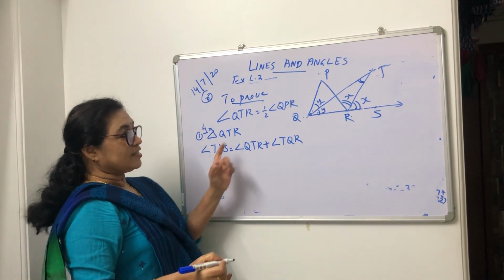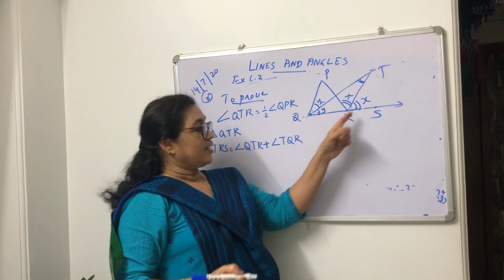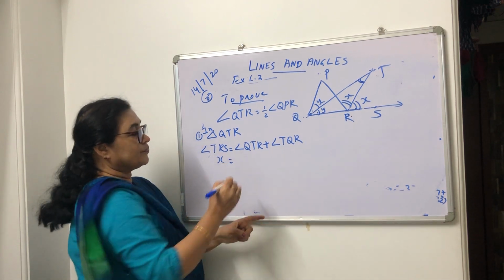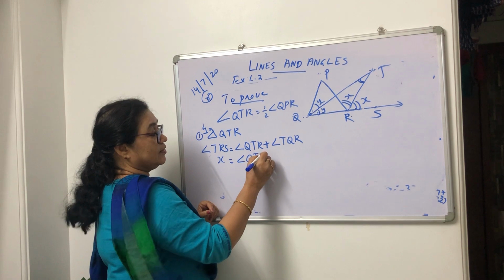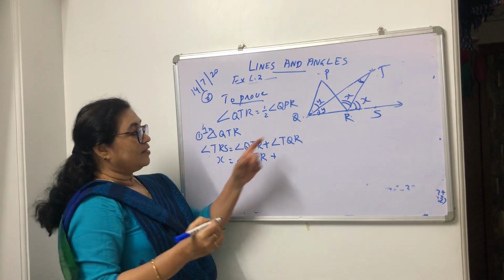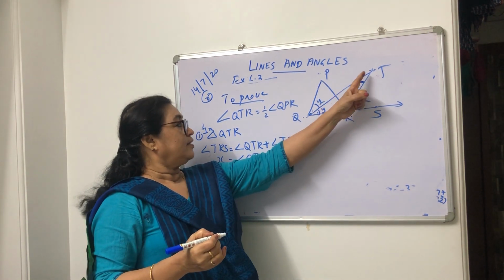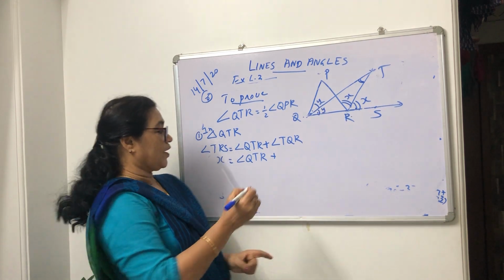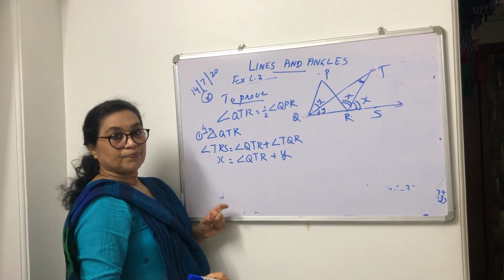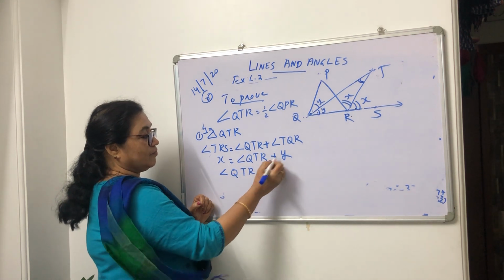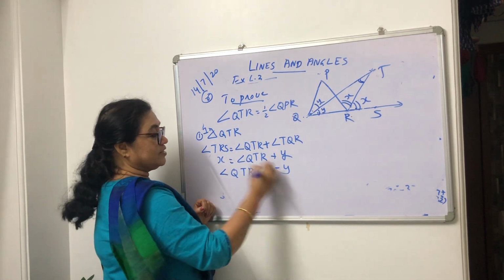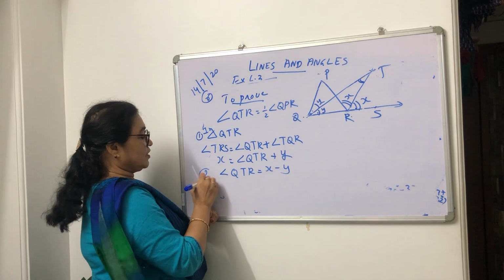So this TRS I have taken as x, so I am putting x here. QTR I am writing as QTR plus this angle TQR is y. So angle QTR here, y to this side, x minus y. This is our second equation.